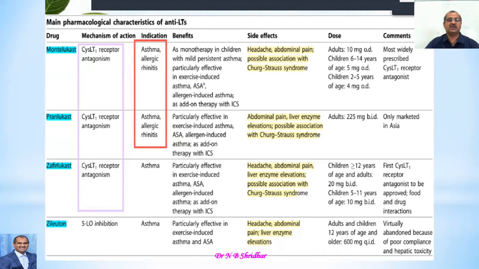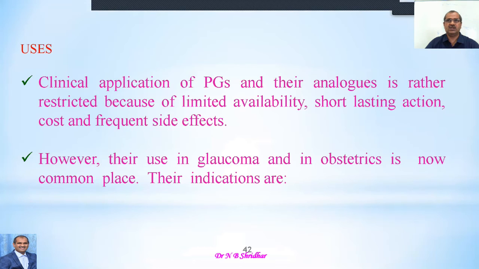And the side effects are very similar to that of the earlier three drugs, but it is causing hepatic toxicity, Zileuton, hence it is not so commonly used. And clinical use of the leukotriene antagonists is restricted because of the limited availability and short-lasting action.